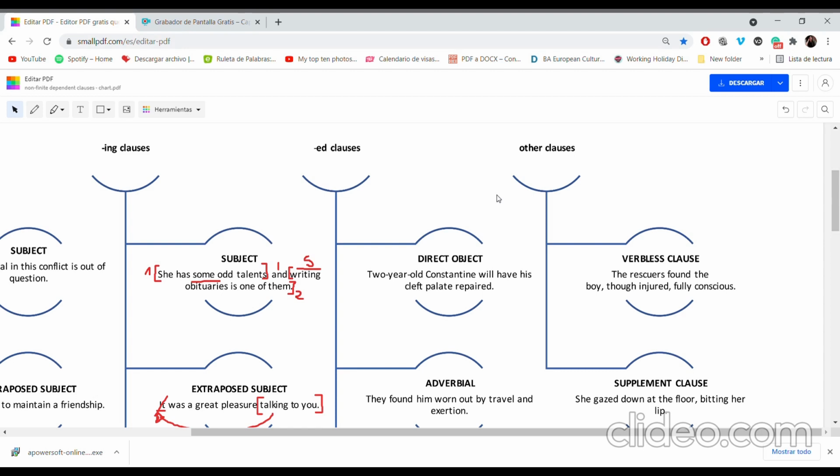So remember that this structure is always used with have plus the direct object plus the verb in past participle form, and this past participle form has a passive meaning.